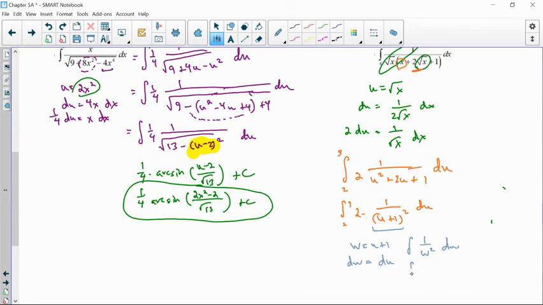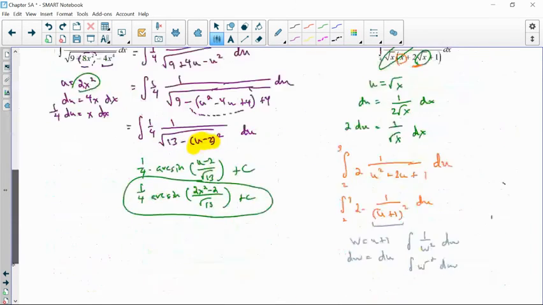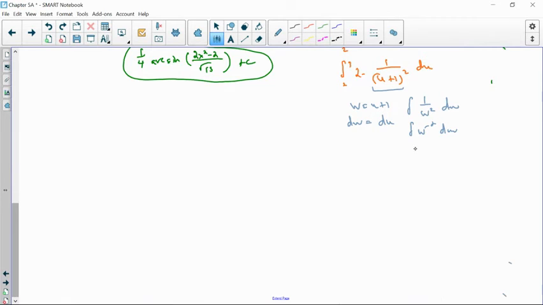And that's the same thing as integrating w to the negative 2. Well, that's just a power rule. So it's not even natural log, right? So then that's just w to the negative 1 over negative 1. And what was w? It was u plus 1. So this becomes negative 1 over u plus 1, which is nice.